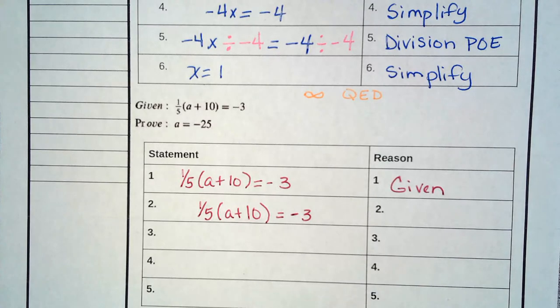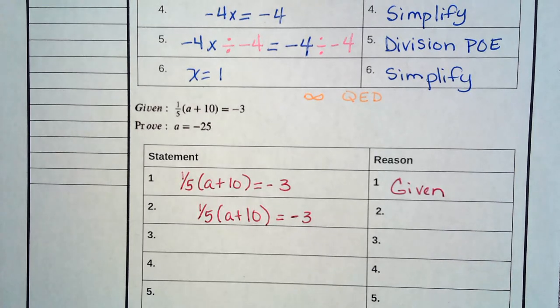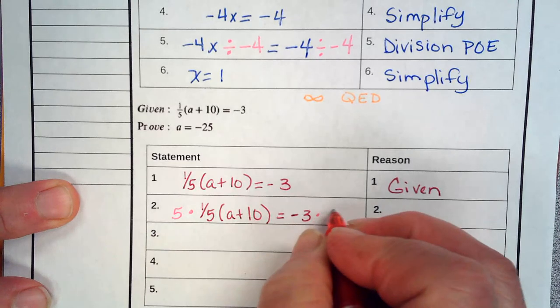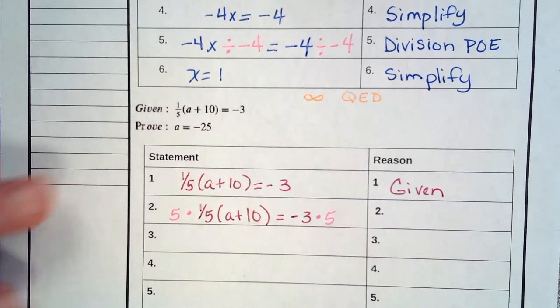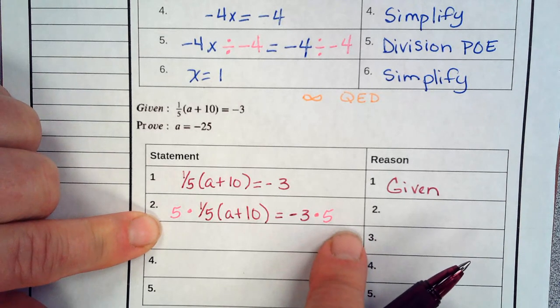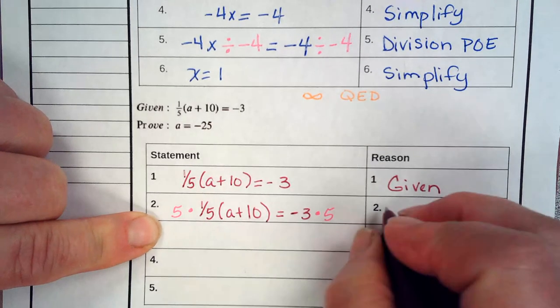Now, I don't like working with fractions, so how can I get rid of the 1/5? What can I multiply 1/5 by and end up with 1? Well, you're thinking about reciprocals is what we're doing. The reciprocal of 1/5 is 5. I'm multiplying by 5. So what allows me to do this? The multiplication property of equality.